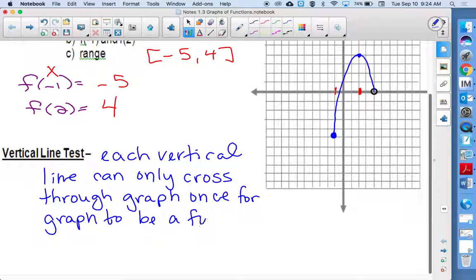You could also have the flip for that. If a vertical line crosses through your graph more than once, it's not a function.